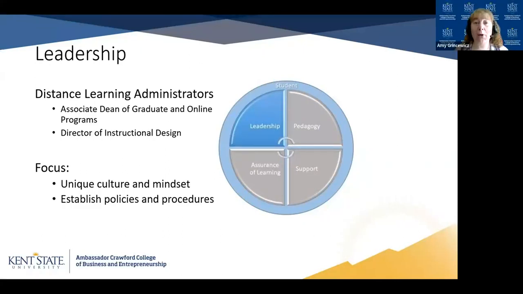And our primary focus of being in that leadership role is we both share that unique culture and mindset that is all geared on quality, but also being research focused. When I first came to the college, one of the first things that I did was I sat down and dived into all of the research on online MBA programs, just business programs in general, to figure out how best that we could focus on creating a quality culture and quality programs within the college.